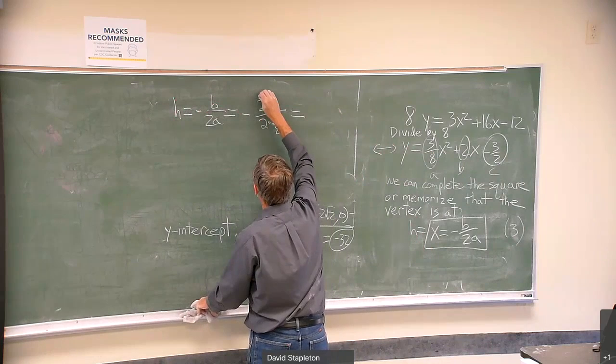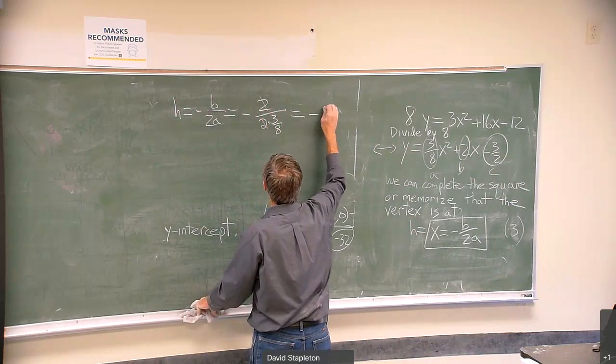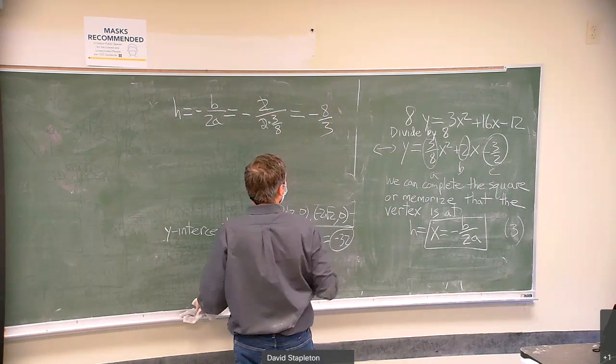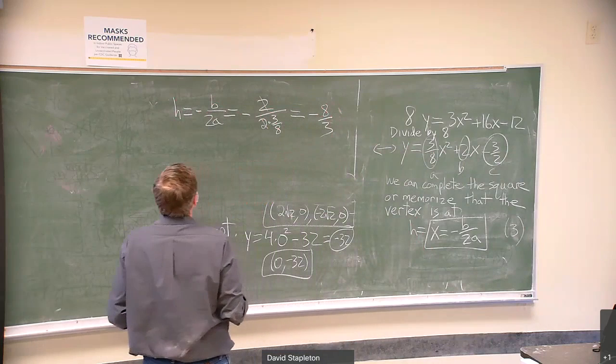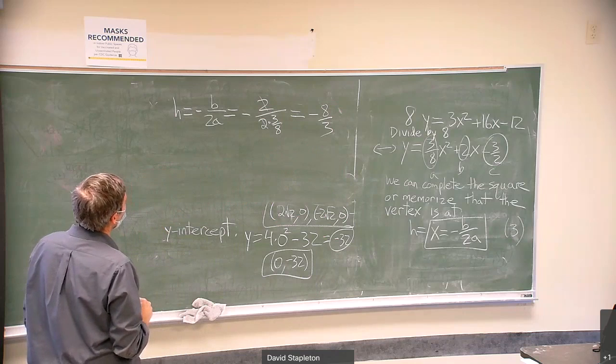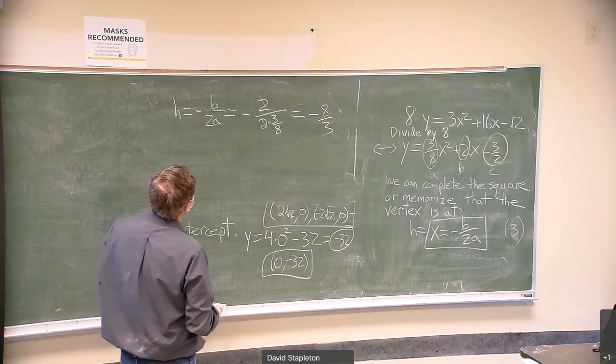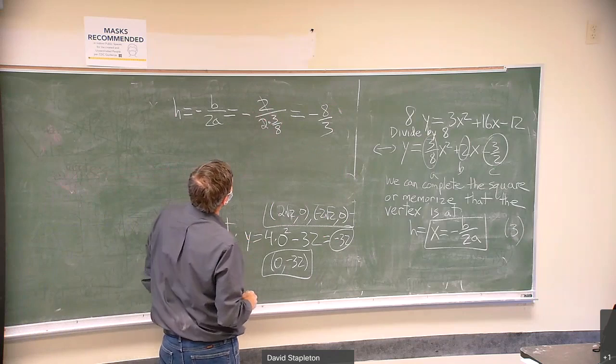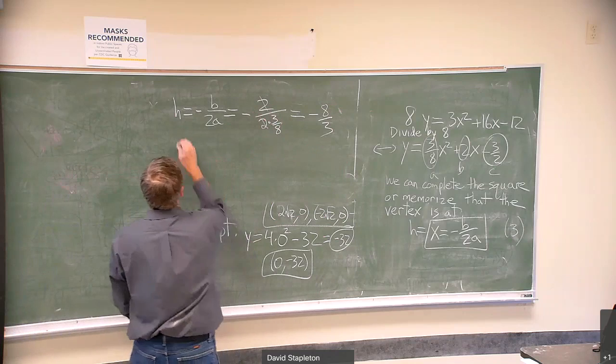Well, let's see, the 2's cancel. So it's minus 8/3. Doing a little bit of canceling and reciprocals there. And then what's k?